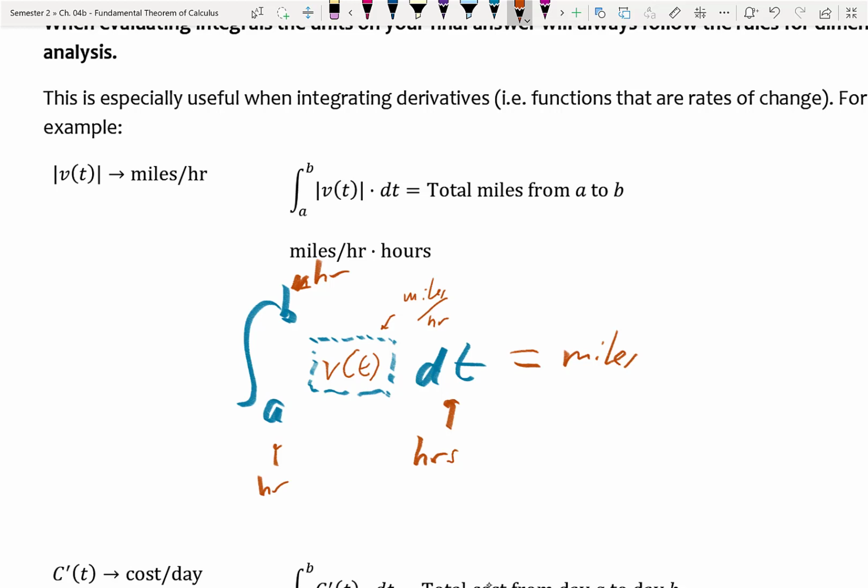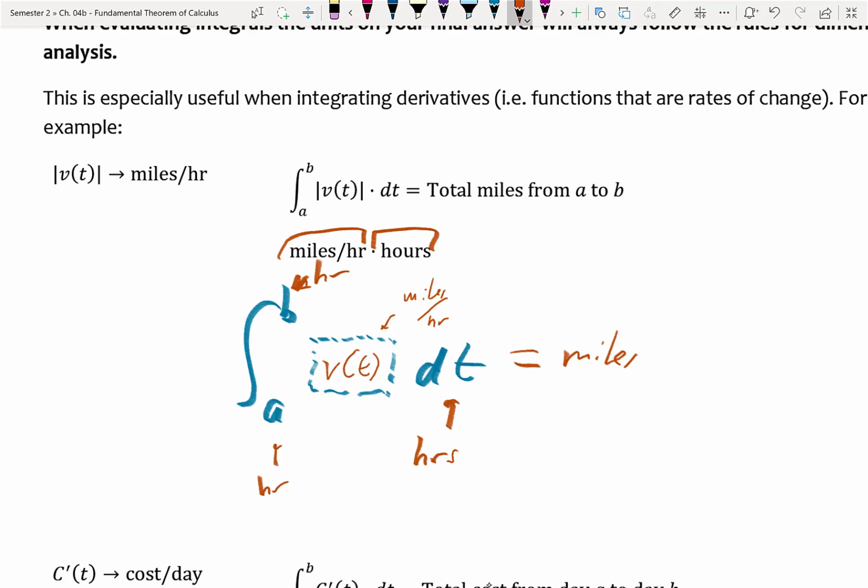You all remember taking derivatives, which changes a unit into a rate of change. This is going the other way. It's taking a rate of change and changing it back to its numerator. So this is valuable because the integral of velocity is total miles from A to B. And underneath, I'm saying we're taking miles per hour times hours to get miles.